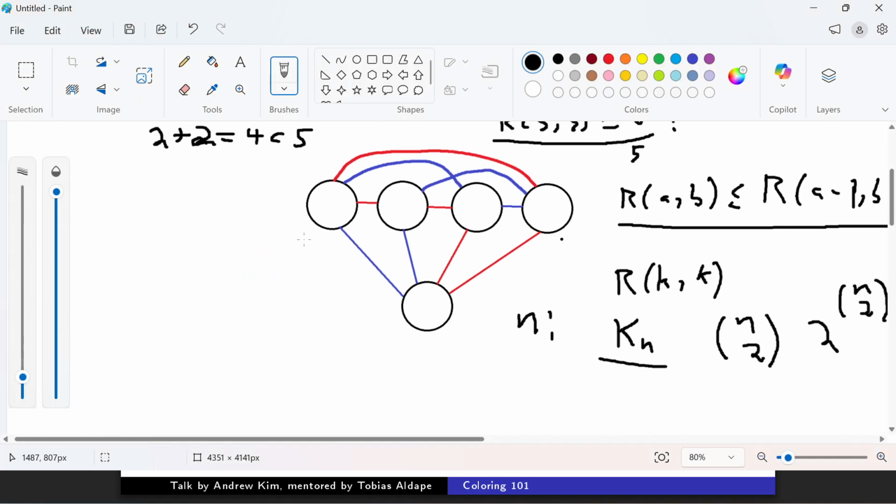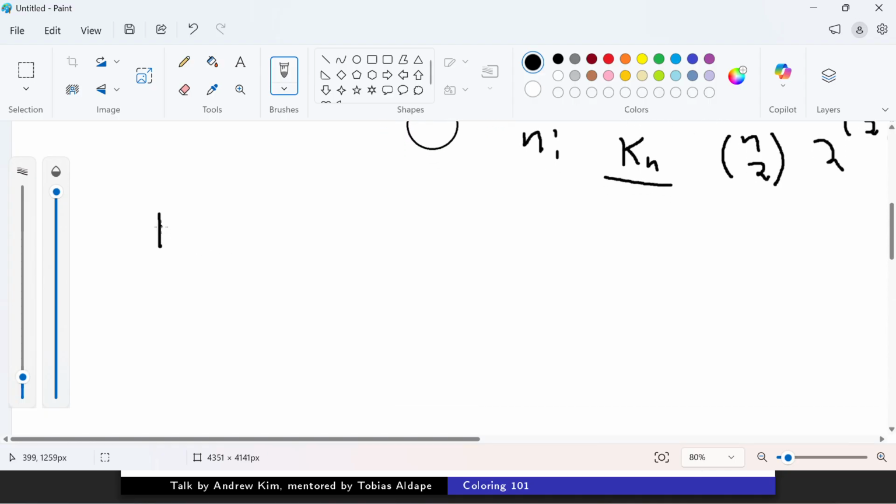So the way he did this was, if you fix an integer n, and you take the complete graph Kn, and you randomly color it, and then you compute the expected value of the number of K cliques across all of the random colorings, then you will get some expression in terms of n.